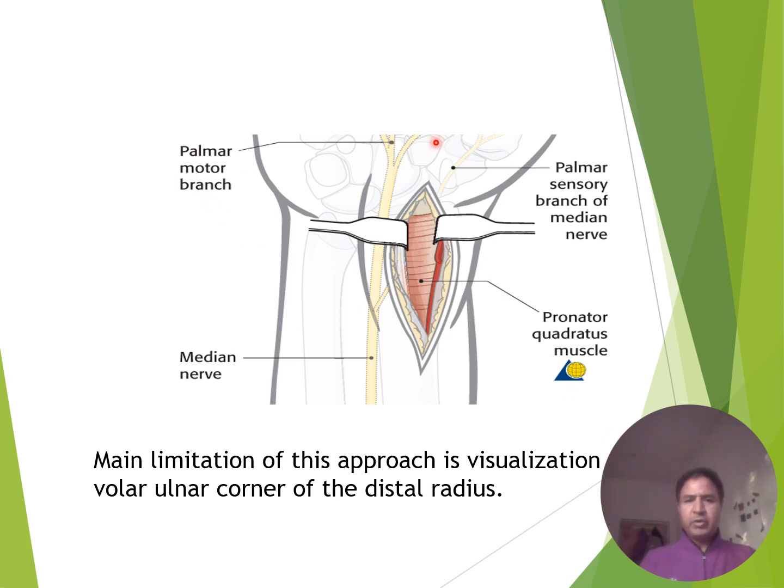Palmar motor branch you can view. Palmar sensory branch of the median nerve. You can see we have pronator quadratus muscle, median nerve here. The main limitation of this approach is visualization of the volar ulnar corner of the distal radius.